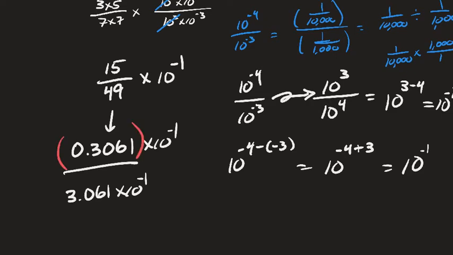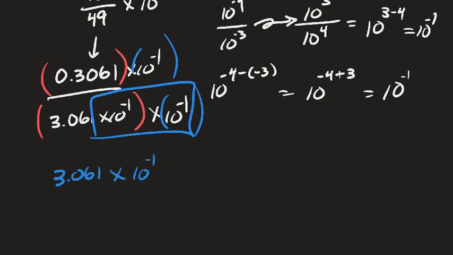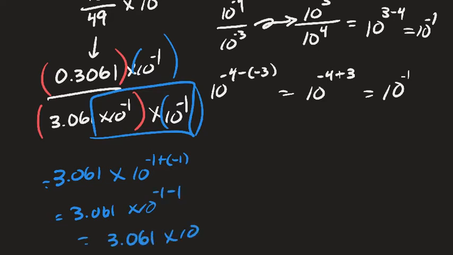Let me put that in parentheses there, times 10 to the negative 1st itself. And now we've combined those, and you get 3.061 times 10 to the negative 1 plus negative 1. Which comes out to that.